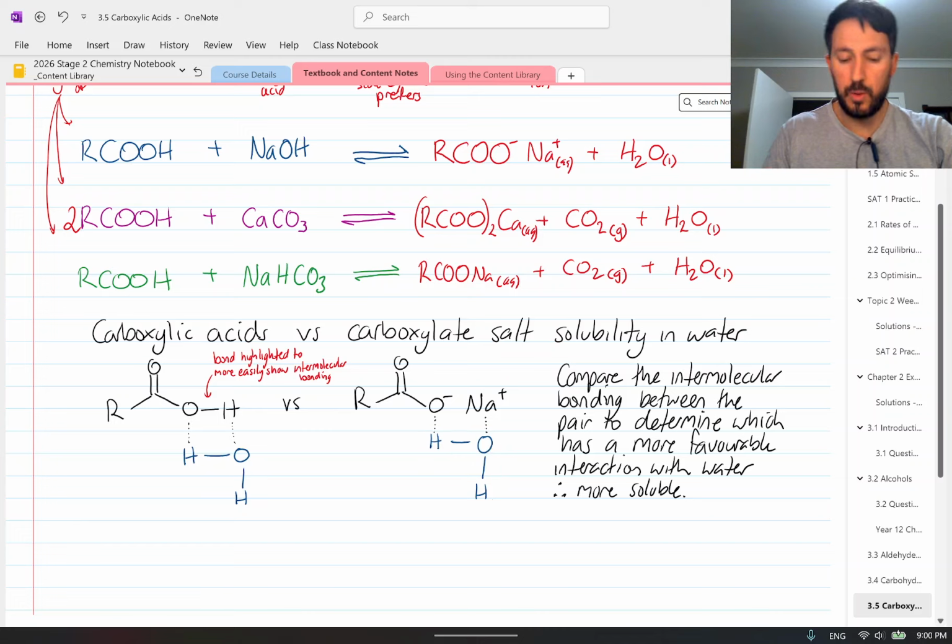Those are going to interact with the full negative charge in our carboxylate ion and the full positive charge in our sodium ion to give an overall stronger intermolecular bond between the salt and water compared to the carboxylic acid and water hydrogen bond. So because it has more favorable bonding, water doesn't mind the carboxylate salts getting in there, because when water bonds with those, it has quite a favorable interaction.